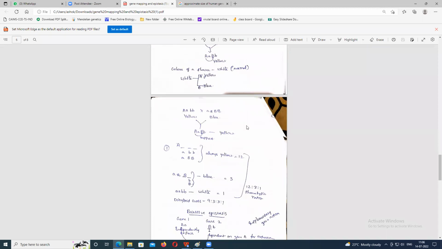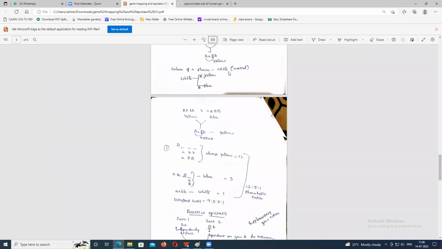We are having two genes now, A and B. A gene is coding for yellow color, B gene is coding for blue color. Normally, in this condition, the flower is white.